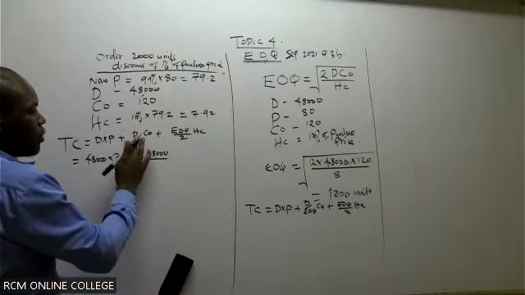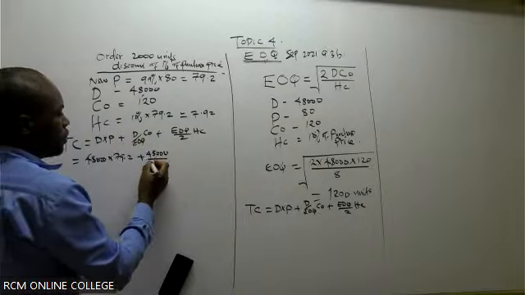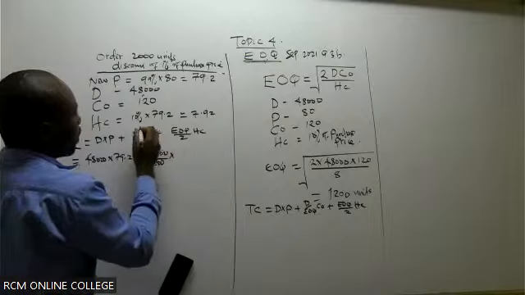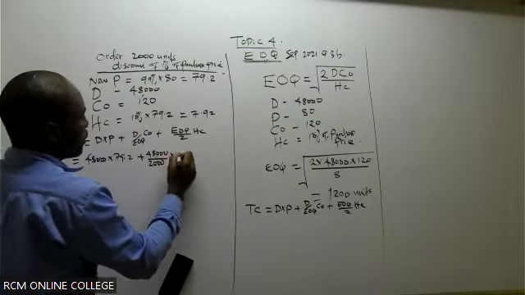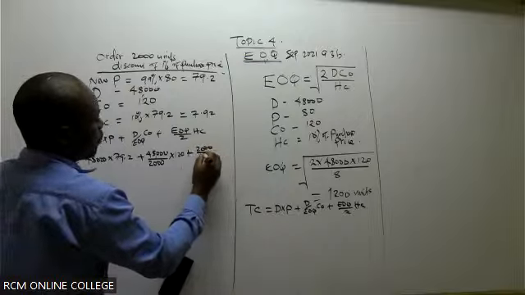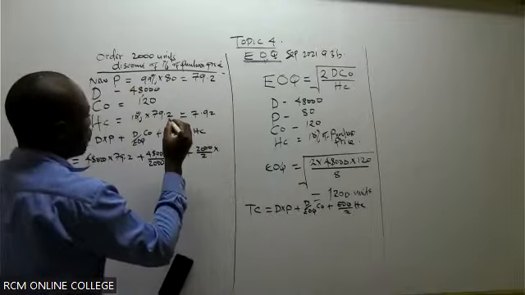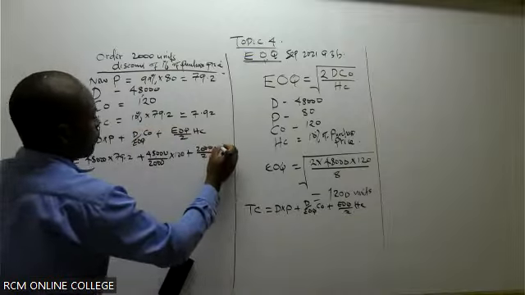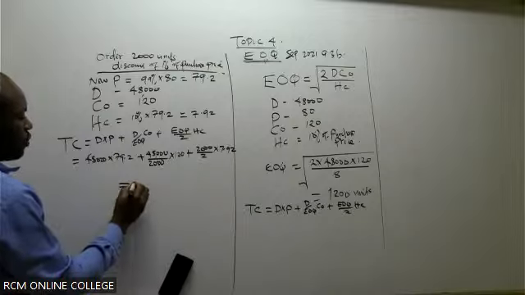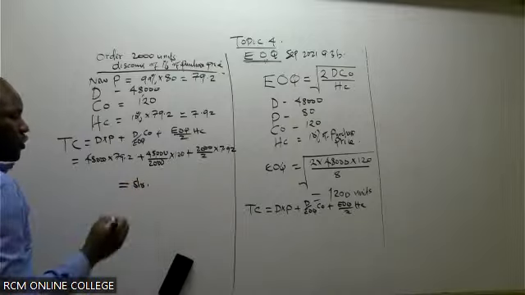So you can either put demand over Q or even economic order quantity. That will still work out for you. Times ordering cost, which is 120, plus 2,000 divided by 2, then you multiply by holding cost, which you've given me as 7.92. If that is worked out, you should be able to arrive at the total cost.